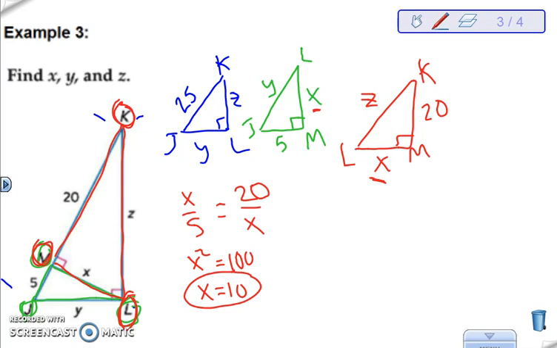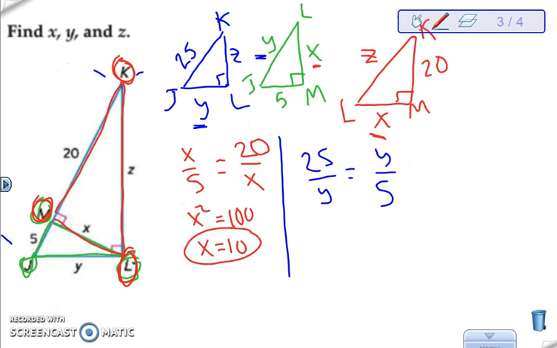Okay, so for Y. I've got a Y here, and I've got a Y here. So I can do 25 over Y equals Y over 5.